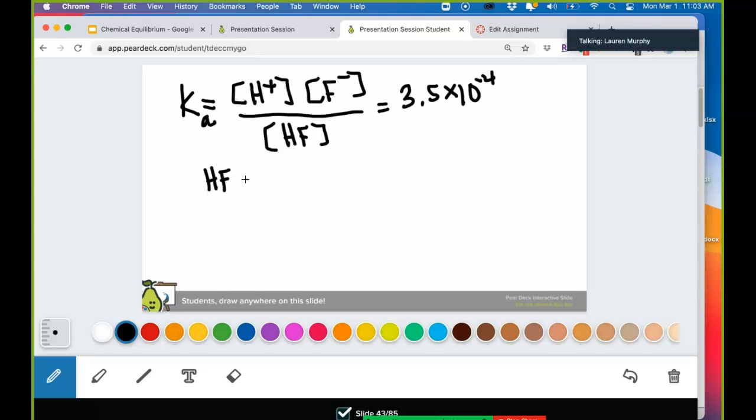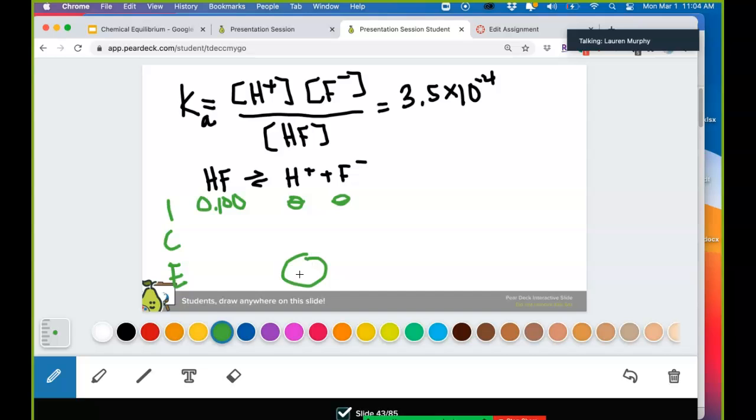Now, I have the weak acid going to equilibrium with its ions. And I'm going to set up an ICE chart because I gave you an initial value of 0.1 molar. And then you shouldn't have any product initially. So the issue with this compared to all of the other ones is that in the other ones, you either had all the equilibrium values off the bat, or I gave you one of the equilibrium values and you could work backwards to figure out the others using stoichiometry.